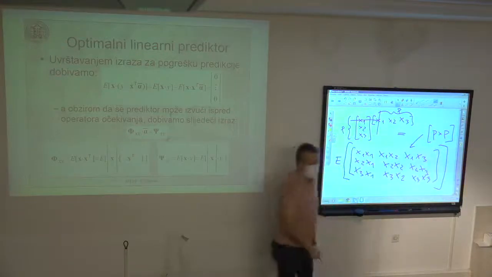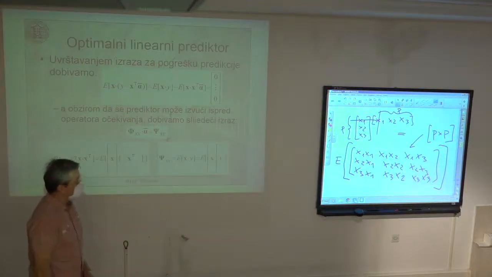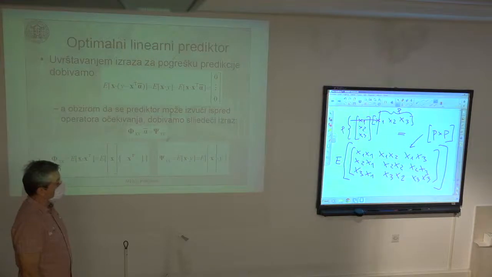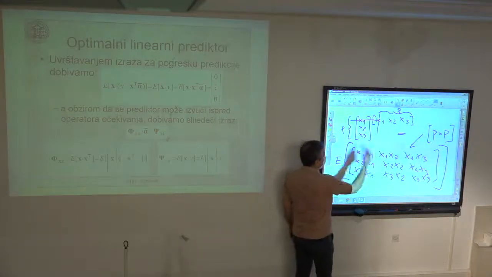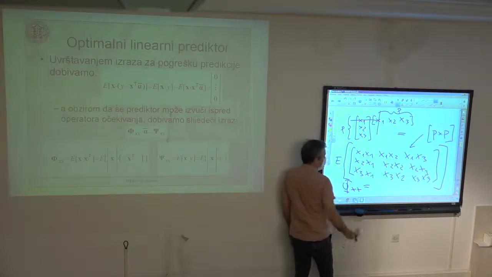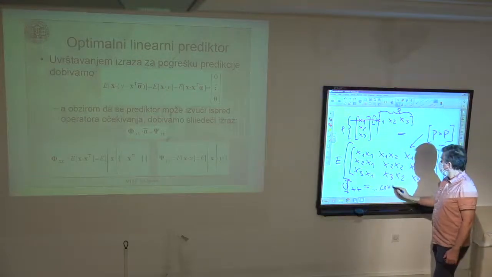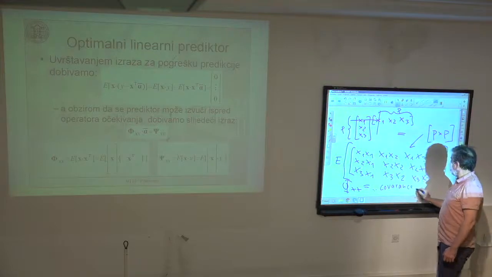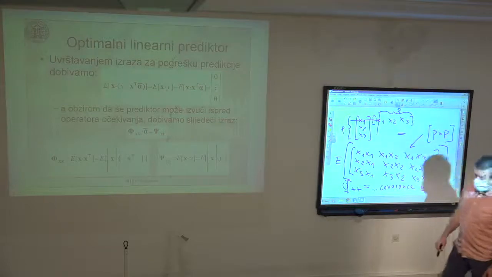So I take all different vectors from the distribution of the source process and compute the expected value of such a matrix. We will denote this matrix as phi xx, and this is also known as the covariance matrix of the source process.